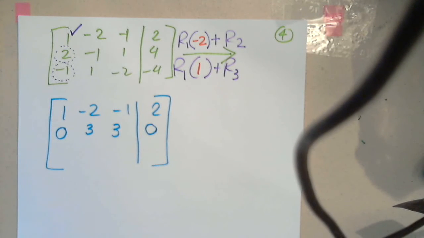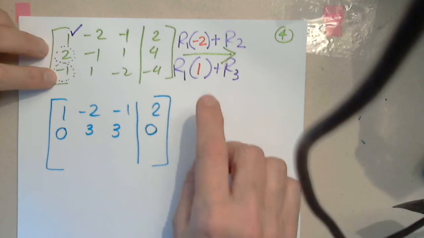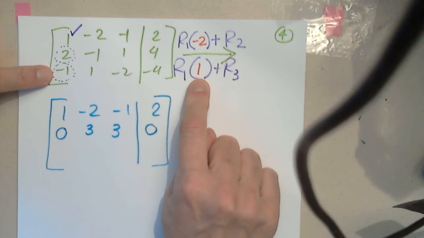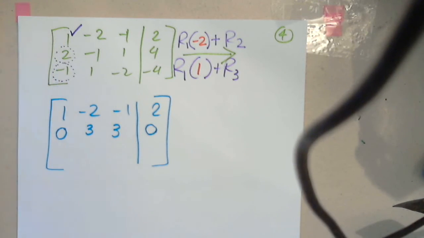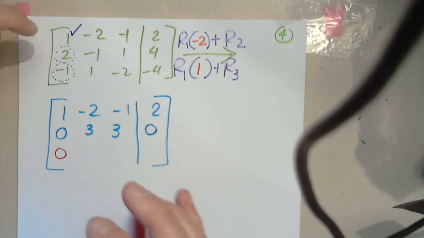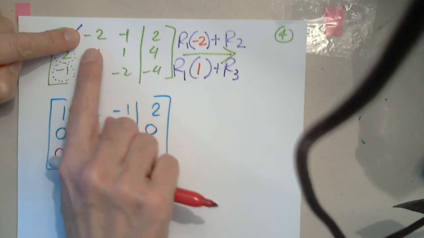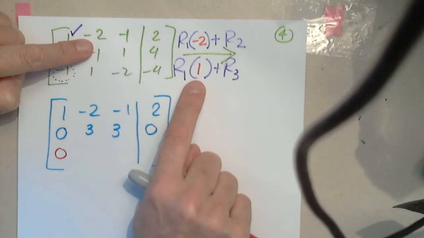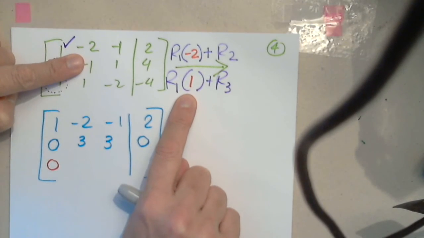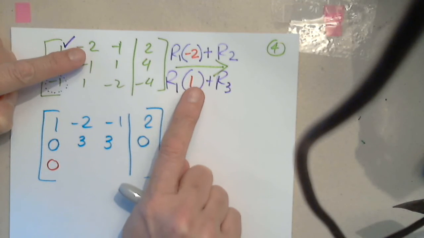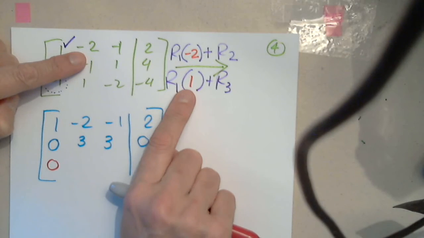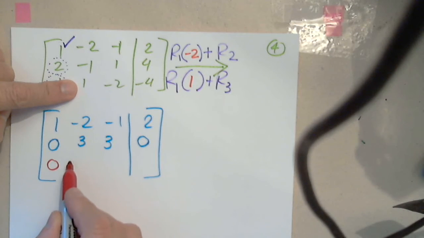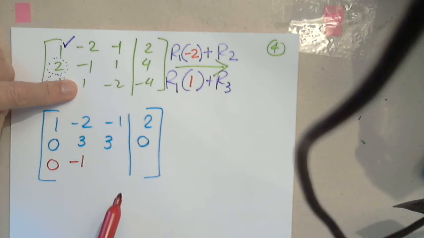Okay, excellent. Now we do the same thing for row 3, but with 1. 1 times 1 minus 1 is 0. Excellent. -2 times 1 plus 1. First, -2 times 1 is -2, plus 1, -1.